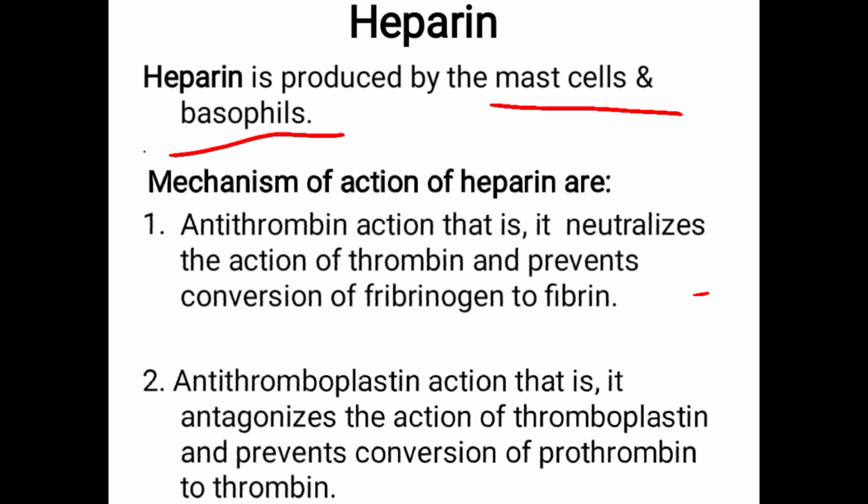The second one, it has anti-thromboplastin action. So that is the extrinsic mechanism, right? So in the extrinsic method, there is tissue thromboplastin, so it acts as an antagonist to the action of thromboplastin and prevents the conversion of prothrombin to thrombin. Okay, so in the extrinsic mechanism, tissue thromboplastin will be produced.